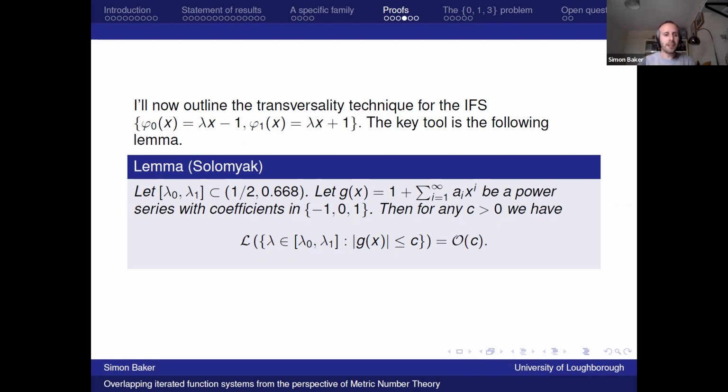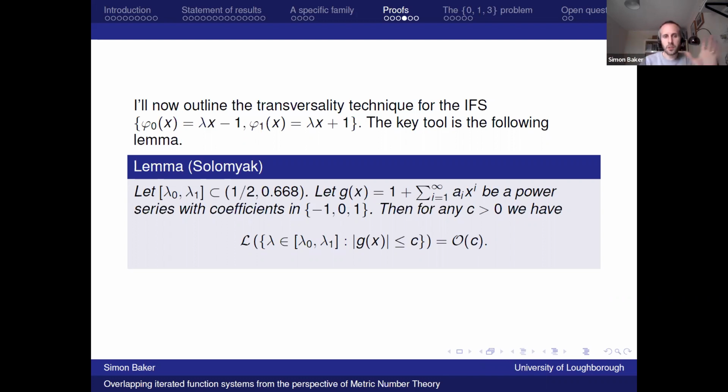So this is basically telling you, if you restrict your function g to some interval sufficiently close to 1/2, when your function g cuts through the x-axis at 0, you're going to be cutting at an angle. You're not going to see a double root. And using that, you get this expected behavior, namely that the measure of those points which are in this neighborhood of 0 of size c is going to be of the order c.